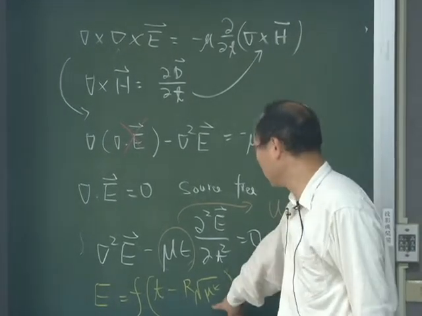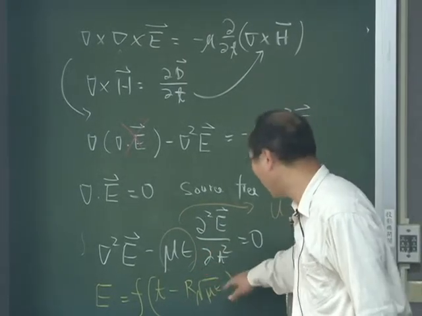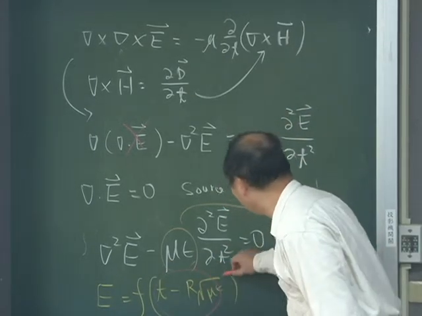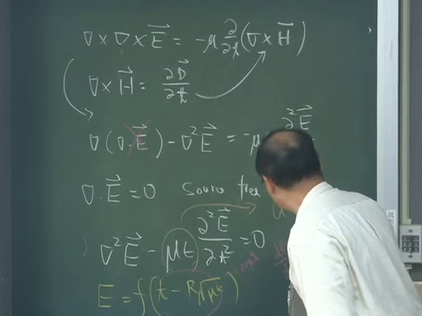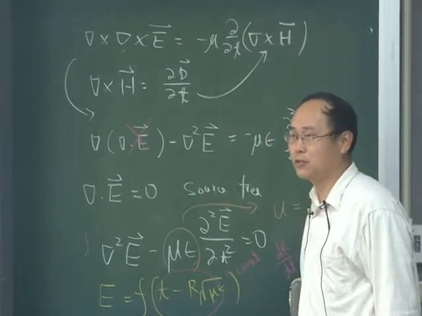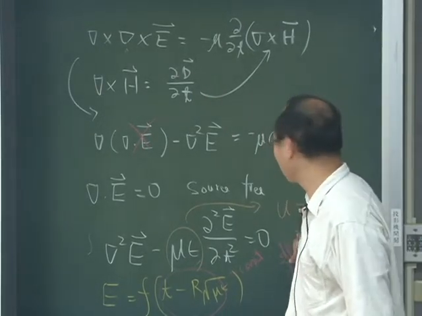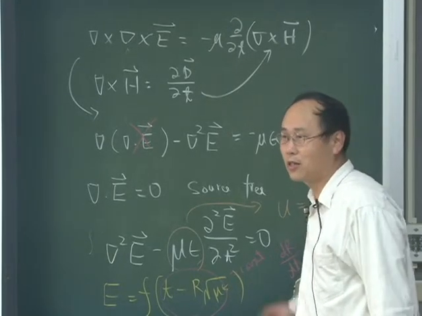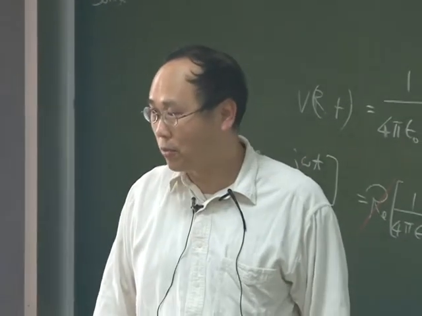Because the solution is of this form, if you look at a constant-phase surface, set it to a constant, then dr/dt is going to be 1 over square root mu epsilon. And we talked about this in chapter 1. So now we are making a circle back. Whatever you learned in chapter 1 is redisplayed right here. So it gets simpler and simpler, right?